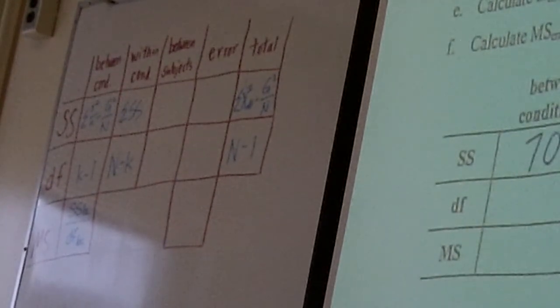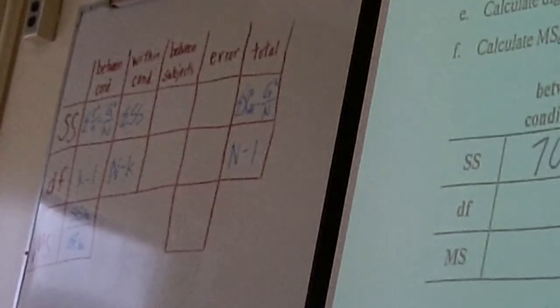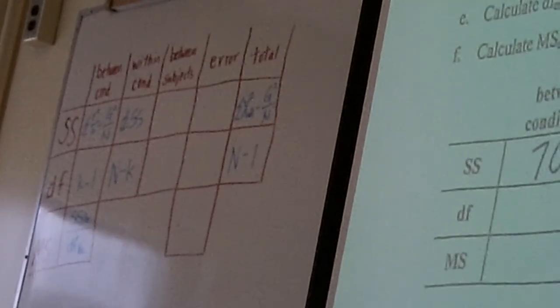It works? Yeah. It's actually 86? And does it work when we do our double check? What's our double check formula? Add sum of squares between conditions and sum of squares within conditions. Why don't we just do that first? Because that's so much easier, to add two numbers rather than subtract one number from another number. But if you screwed up, you're just going to be duplicating your mistake.